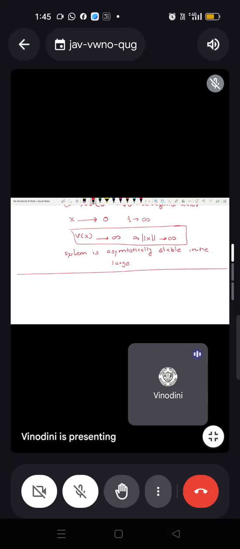Now, the next one, the proof is there, and after that we will solve the example. What is the proof? It's the direct method of Lyapunov for the linear system. So now we are reaching our actual topic, the direct method.